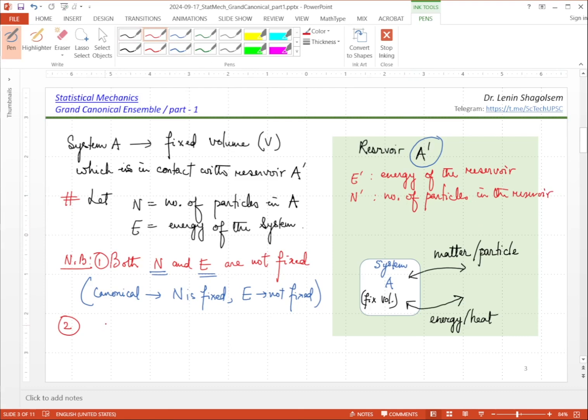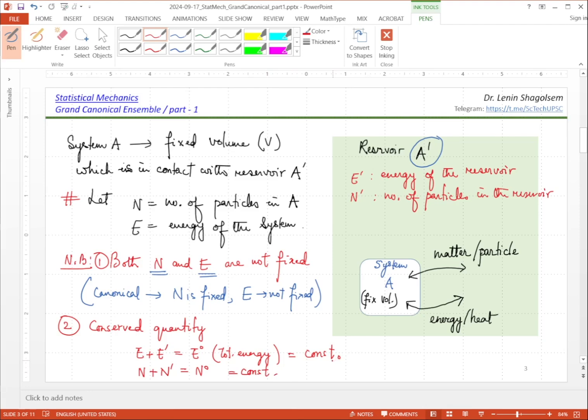What is now conserved is the following: the total energy E plus E dash equals, let's call this E naught, the total energy, which is constant, as well as the total number of particles, N plus N dash equals N naught, which is also constant.